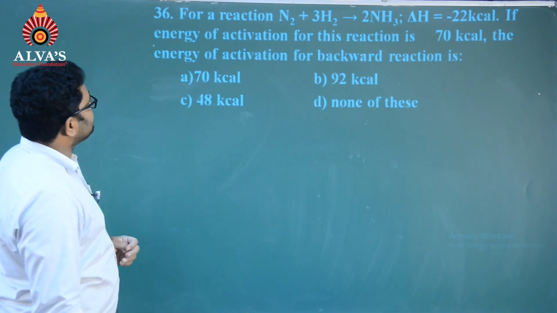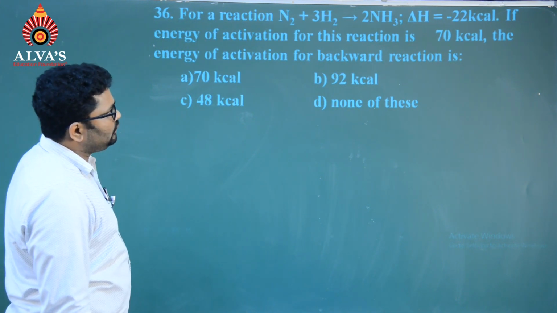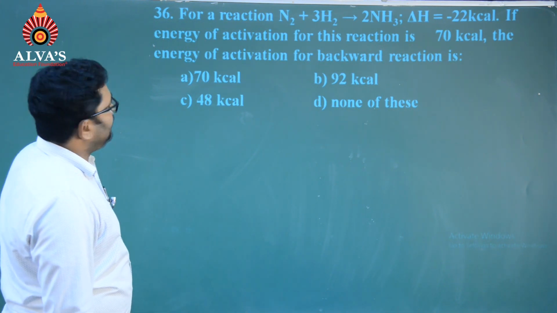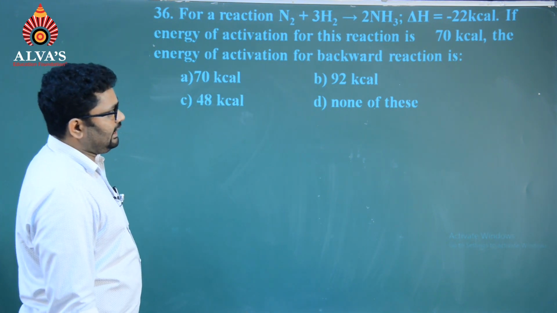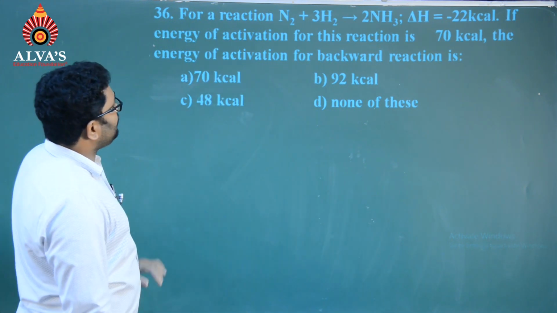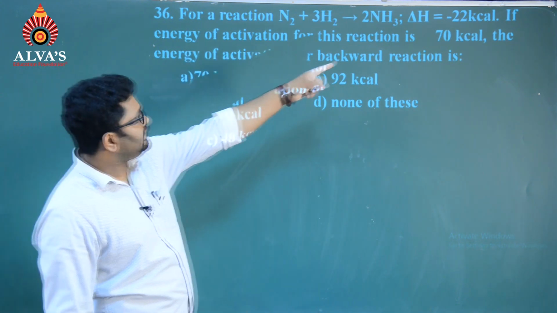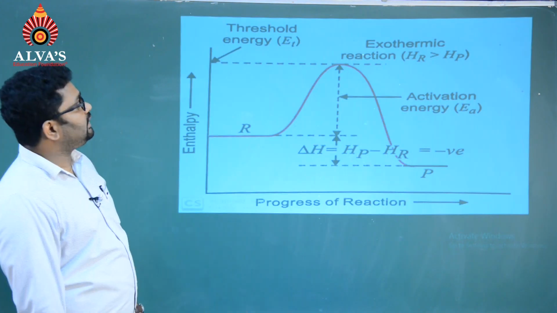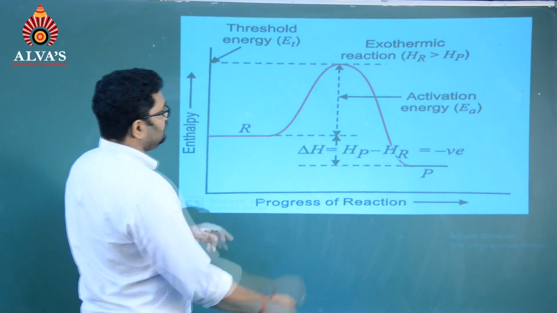Question number 36. For the reaction N2 plus 3H2 giving ammonia, the energy of activation for the forward reaction, which is exothermic, is 70 kilocalorie. Find the energy of activation for the backward reaction. Students, it is an exothermic reaction. Let's see the graph for an exothermic reaction.